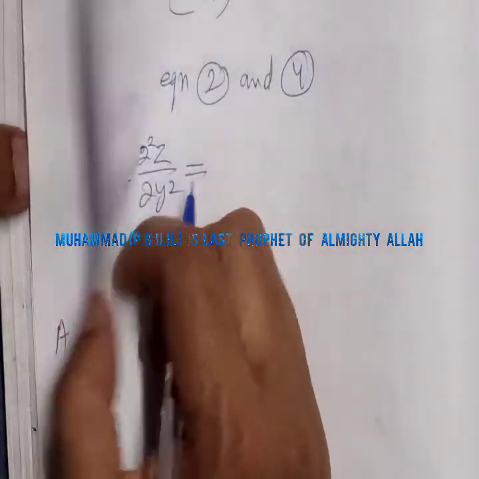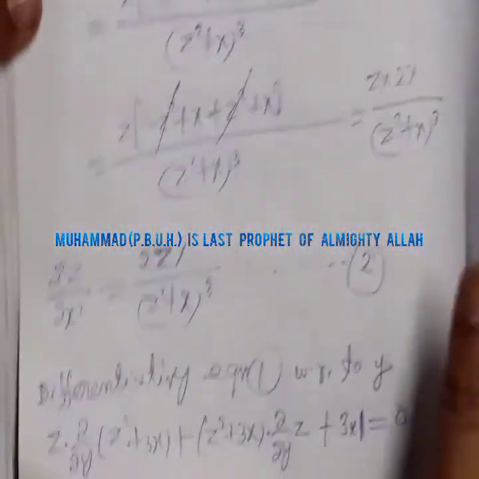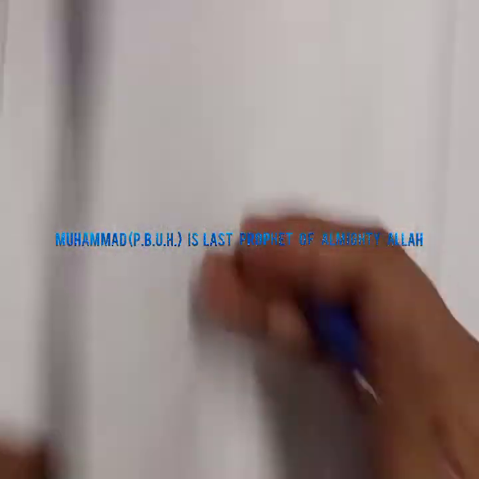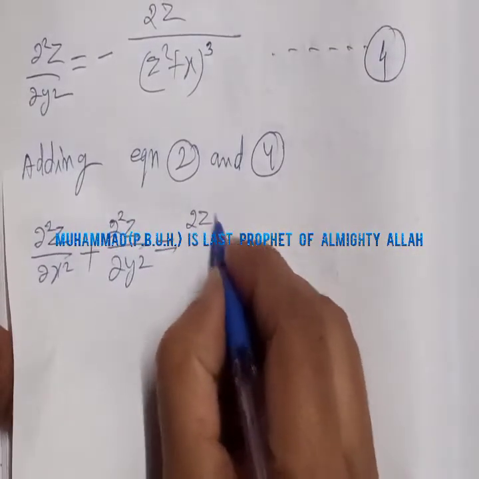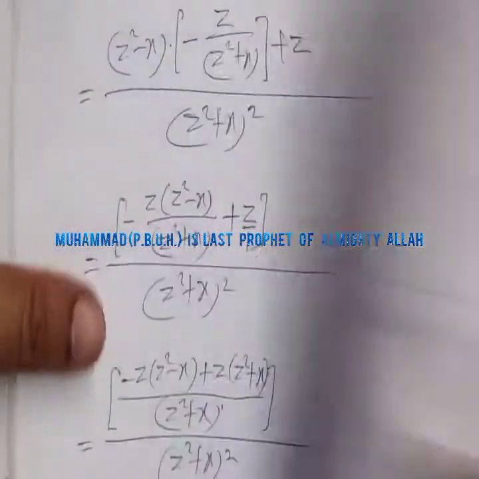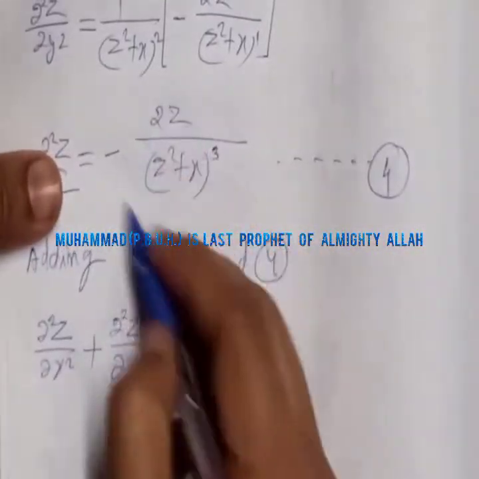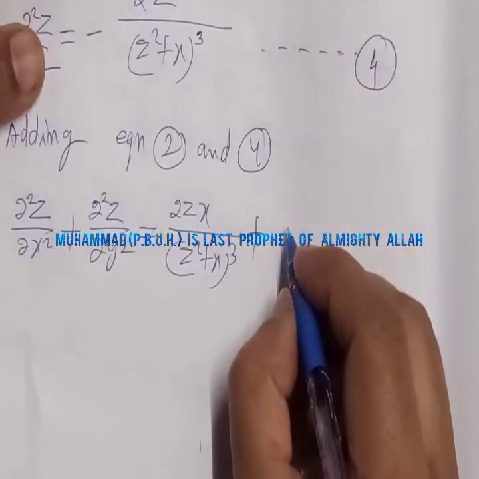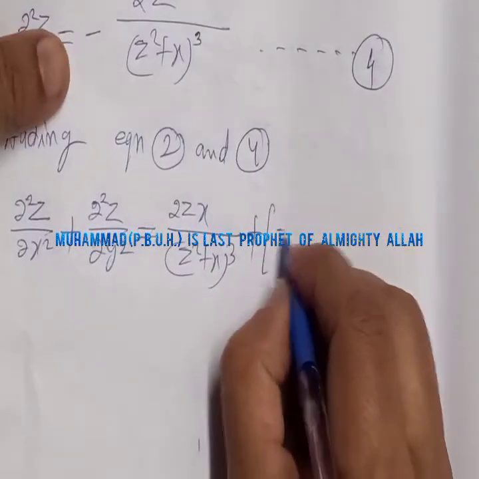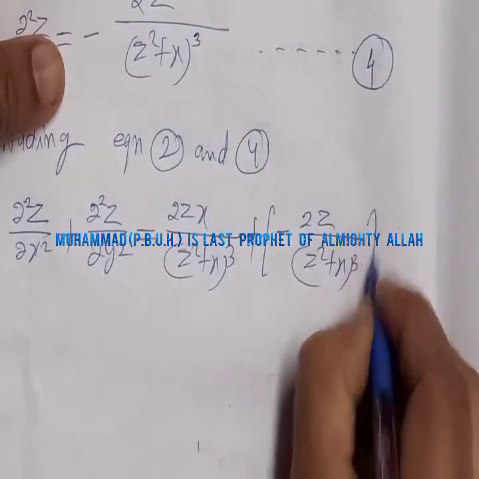On adding the right hand sides, the right hand side of equation 2 is 2zx upon (z² plus x) whole cube, and we add the right hand side of equation 4, whose value is minus 2z upon (z² plus x) whole cube.